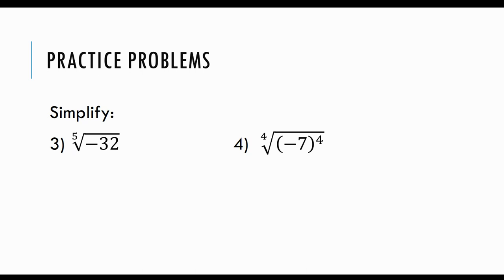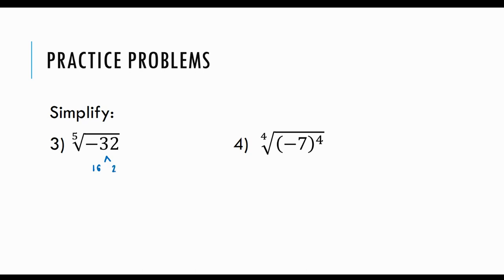Hopefully we're okay with noticing that if my number is negative underneath, I'm going to be multiplying by negative numbers, because if I have to multiply a negative number by itself an odd amount of times, it's going to stay negative. So let's start breaking up 32. Once again, we're going to want to have everything at the very end be a negative number that multiplies by itself. So I'm going to ignore the negatives for a second.